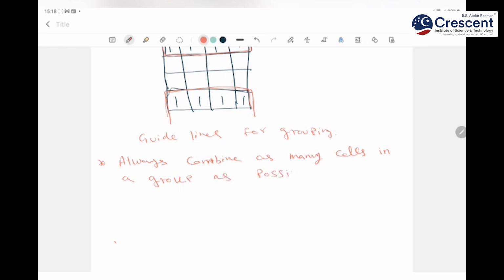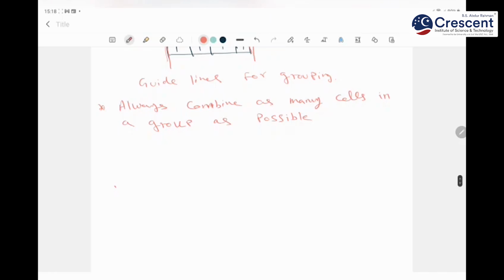That is, you should always give preference to the largest group. You should try to cover as many cells as possible in a single group. That should be our ultimate aim. So this is the first guideline. Second one, make as few groupings as possible to cover all min terms. You should also remember that the number of groups should be as small as possible.